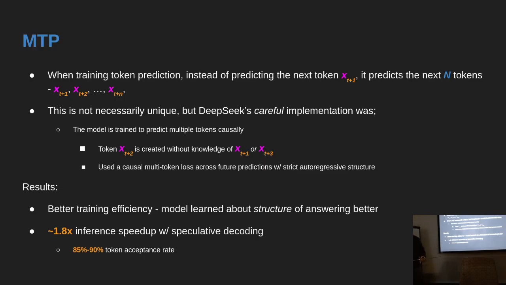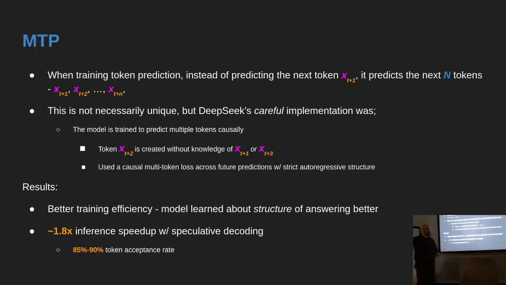You can pretty well guess in code that you're going to have a semicolon eventually, and if it's a for statement, you can predict there's going to be a colon or a bracket there. This basically teaches the model much quicker about the actual structure of what it's talking, and you see a 1.8x inference speedup with speculative decoding after the fact because the model has been trained to do this advanced token prediction.